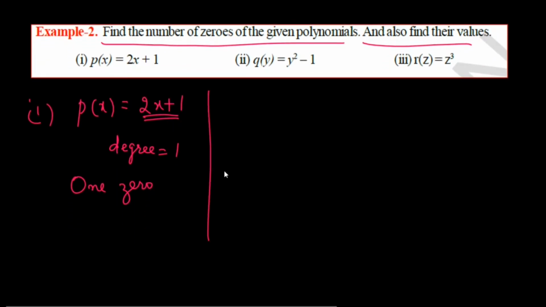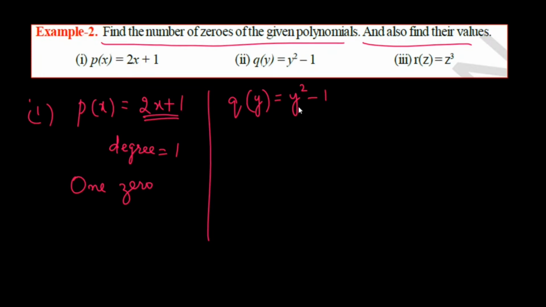The second one, q of y is equal to y square minus 1. So this is a quadratic polynomial. So it can have 2 zeros. Now let us find out.